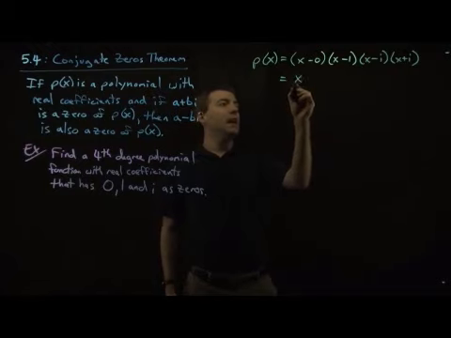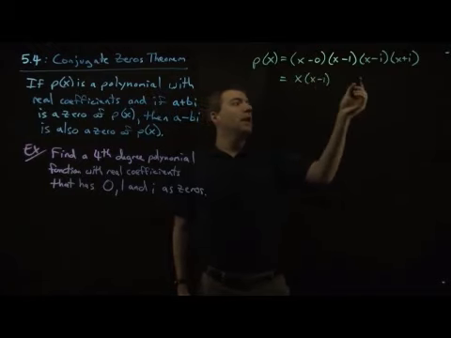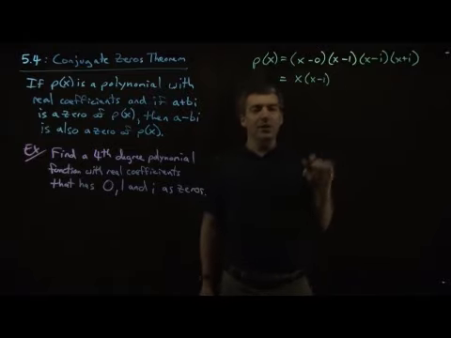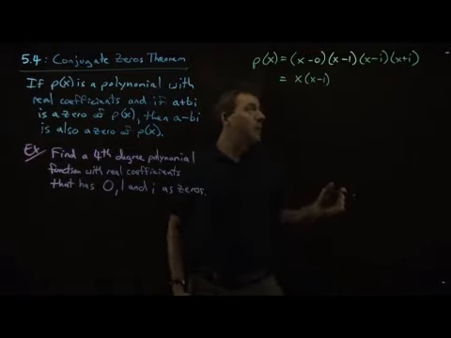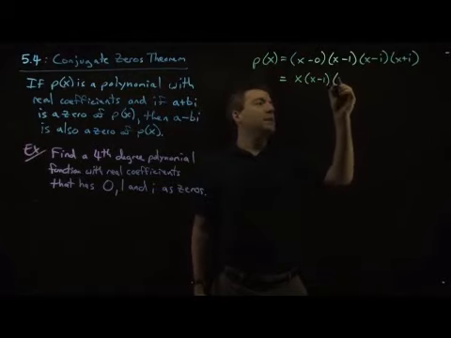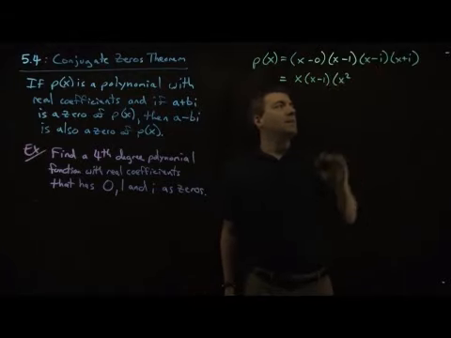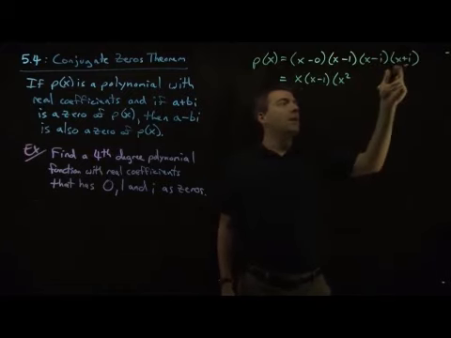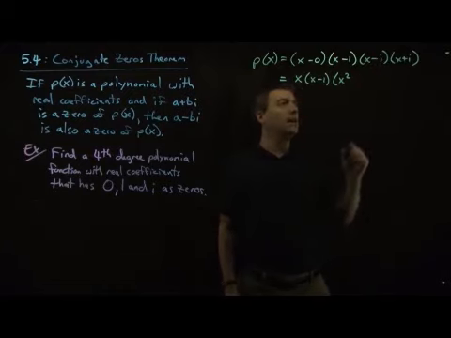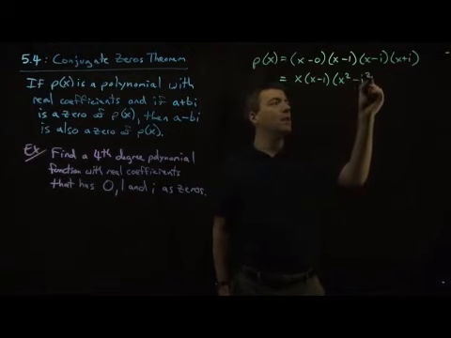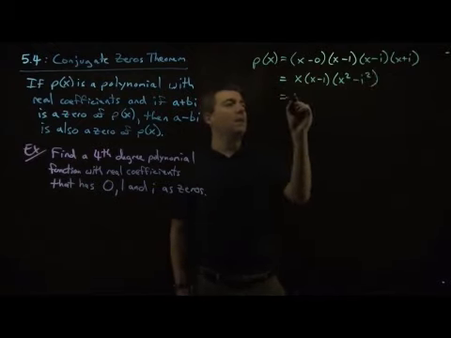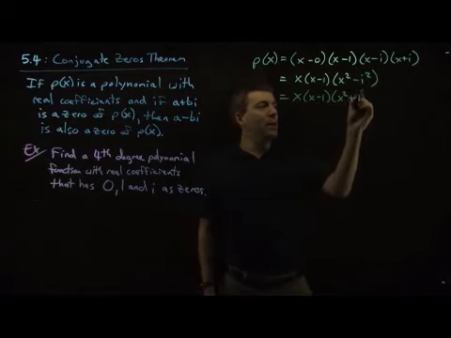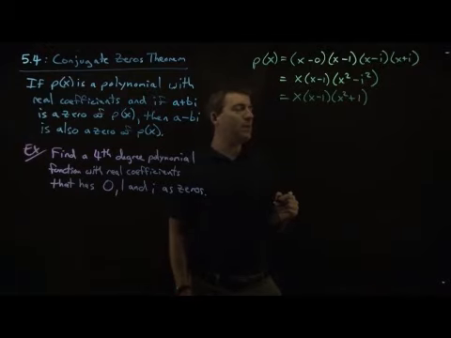x minus 0 is just x, then x minus 1, and I'm going to multiply these out first because I know that if we multiply two conjugates together, the answer is going to be real. So x times x is x squared, x times i and negative i times x cancel, and negative i times i is negative i squared, which can be written as x squared plus 1, since i squared is negative 1.